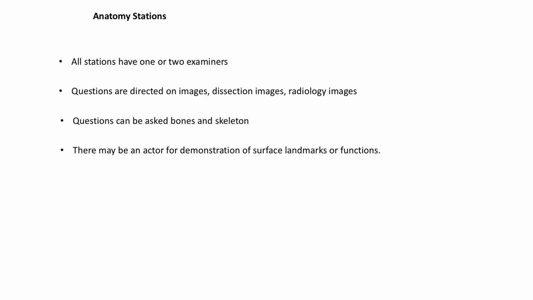So anatomy stations, we know there are 3 anatomy stations, and this is applied anatomy, and in each station there is 1 or 2 examiners, and there can be an actor or a person on whom you may demonstrate some surface marking or other anatomy related questions.